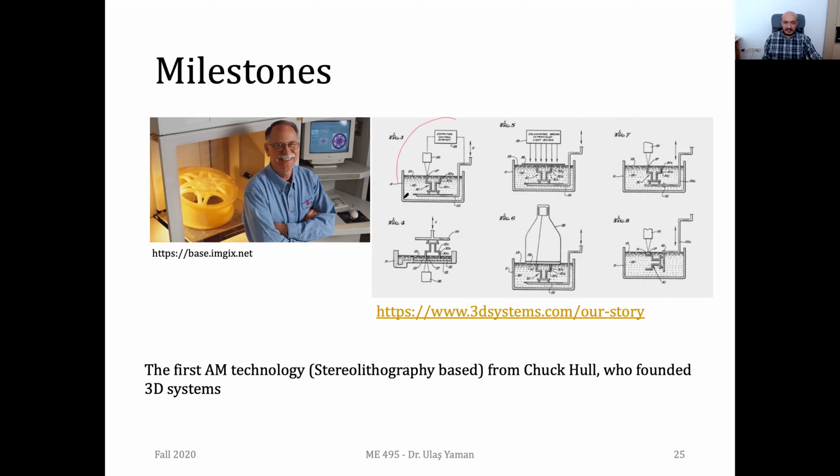If you look at these, in all of these, the table where you actually build your part, assume that this is the part to be built, is always going downwards. At each layer, it's doing some curing operation with the help of such lasers or light units, and then the table is moving downwards, which is a kind of a resin tank.